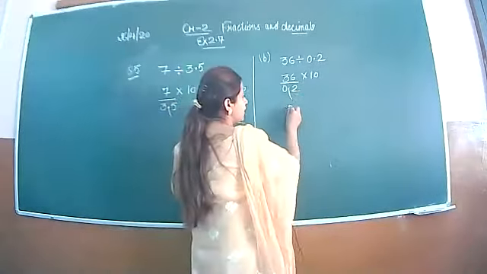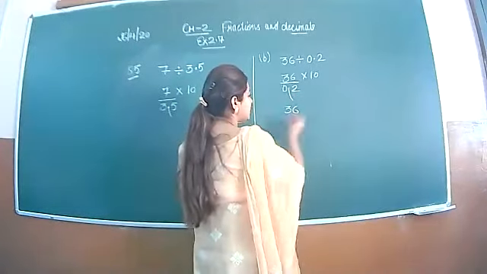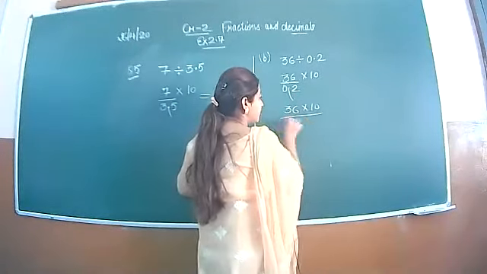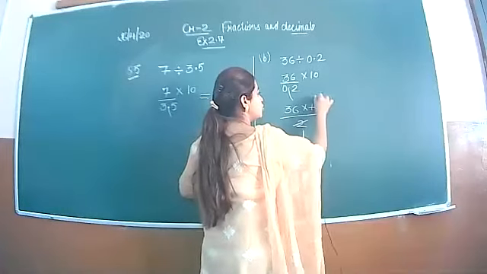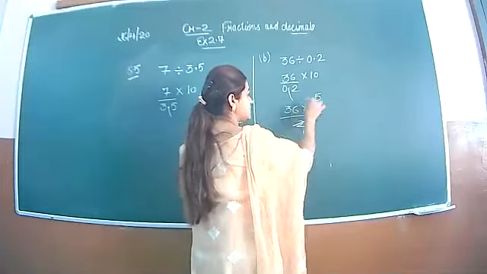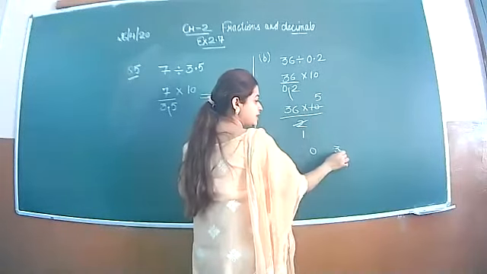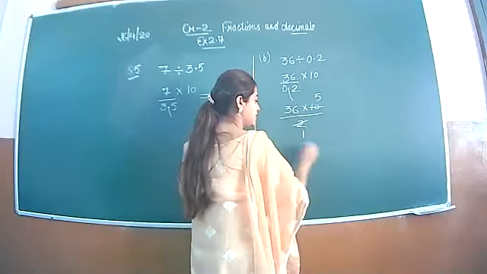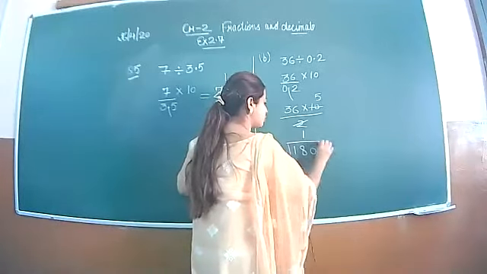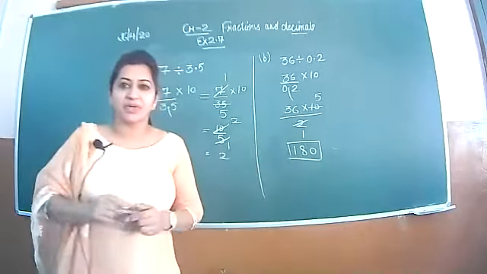So here your number will be 36 into 10 by 2. 2 ones are 2, 2 fives are 10. Multiply these. 6 fives are 30. 5 threes are 15, plus 3, 18. Your answer is 180. Is it okay?